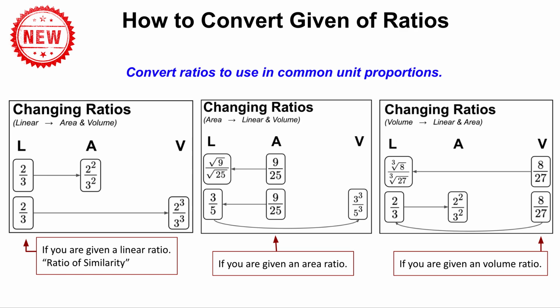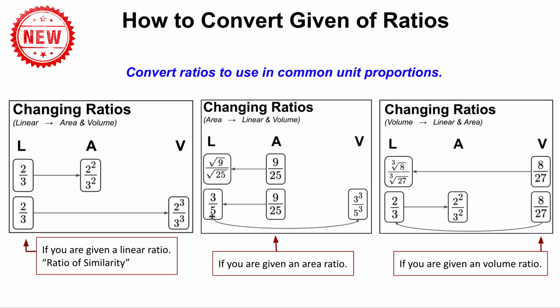So finally, to wrap this all up, as you try to work with ratios, if you're trying to convert from one to the other, the one we just did today is dealing with linear ratios that get turned into area ratios by squaring them. If you start out with a linear ratio and you want to turn it into a volume ratio, you cube it. There are some problems eventually where you're given the area ratio first, and you'll have to square root it first, and if you square root 9/25, it reduces down to 3 over 5.